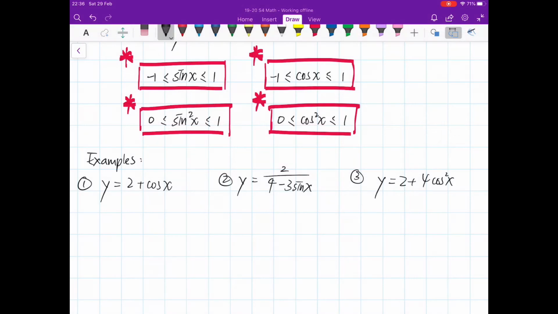Then I will give you some examples. Okay, so please pause the video and then copy these 3 examples on your notebook. Okay, in these 3 examples, we are going to find 2 things. So they are maximum and minimum.